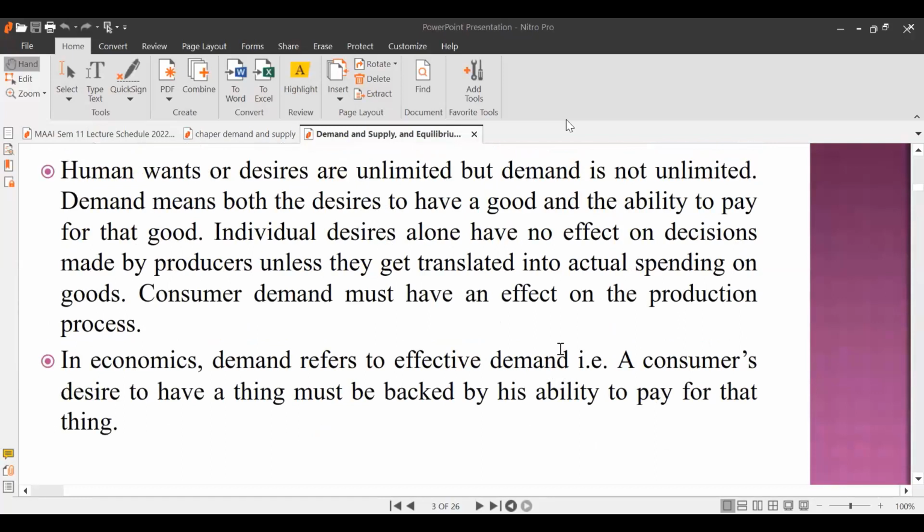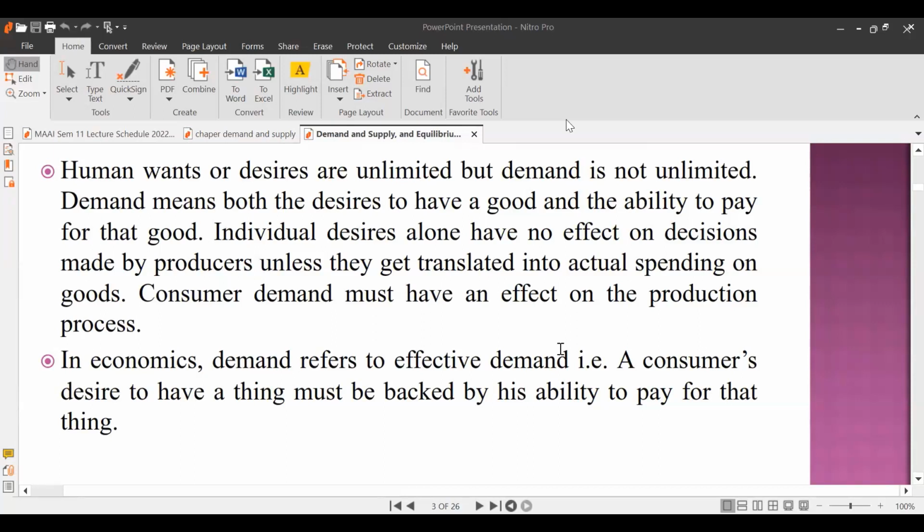Individual desires for so many goods and services are not enough to make an effective demand. With the desires, you have to have the ability to purchase. So in one aspect there should be a real purpose, real want, or real need, as well as purchasing power, to have an effective demand.